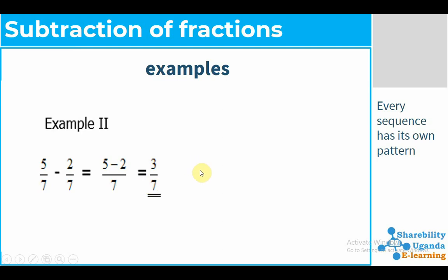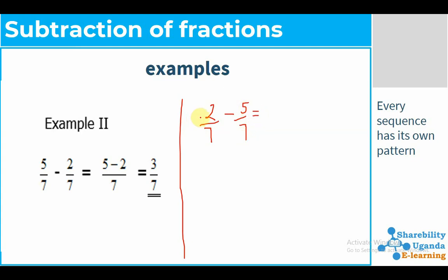More so, you can be given a number in this way. Assuming it was 2 out of 7 minus 5 out of 7, how could this number be?